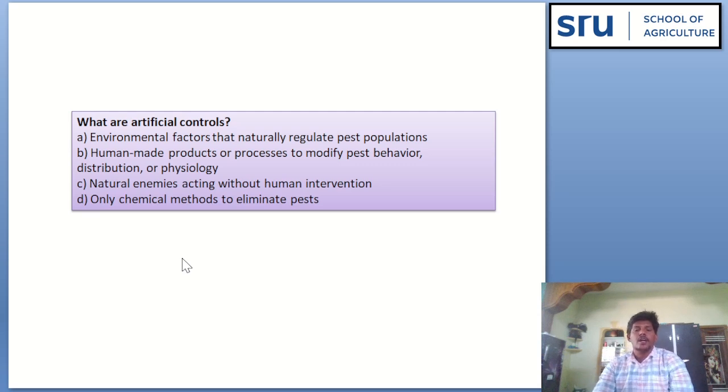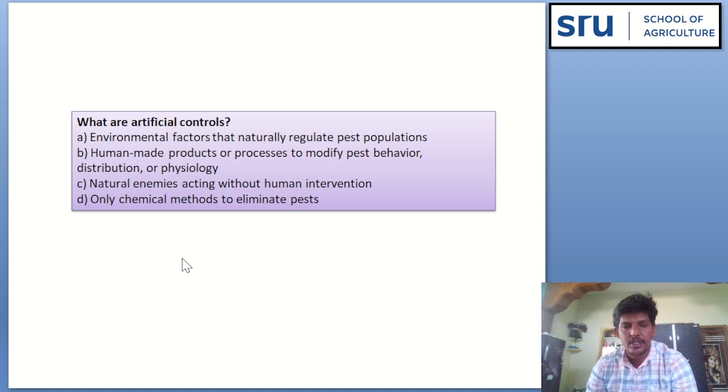What are the artificial controls? Environmental factor that naturally regulate pest populations. Human-made products or processes to modify pest behavior, distribution or physiology. Natural enemies acting without human intervention.